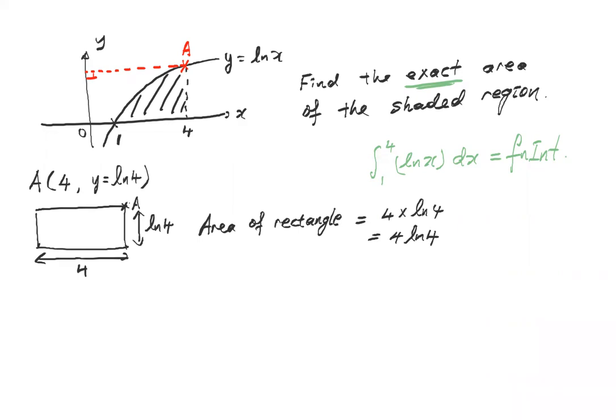Okay? The next issue is, as long as I can get this part, then the area of the black shaded region will be no problem. Am I right? If you look at the blue region, this line is y equals ln 4, am I right?